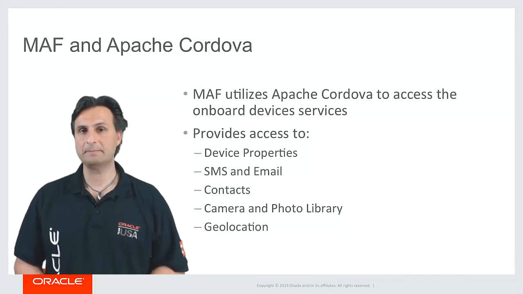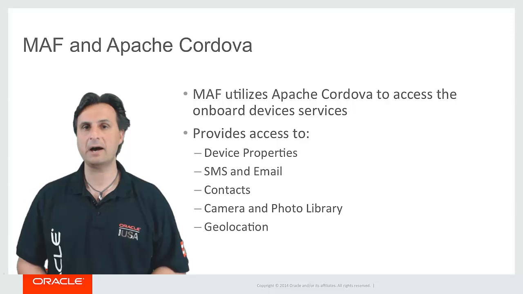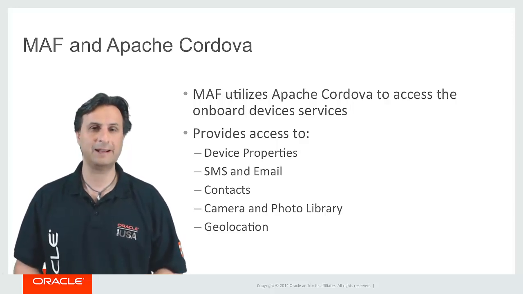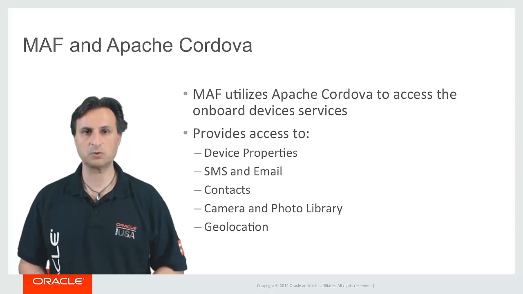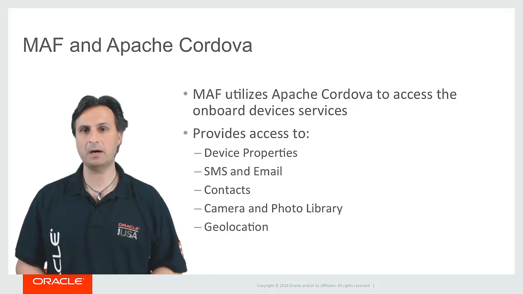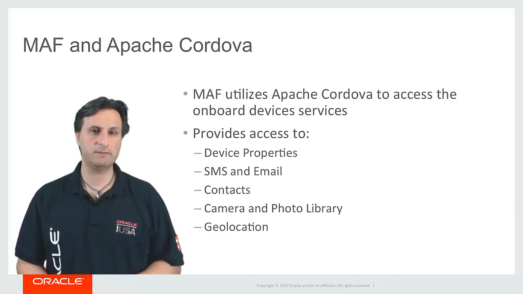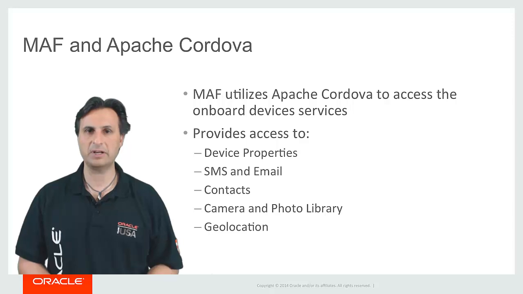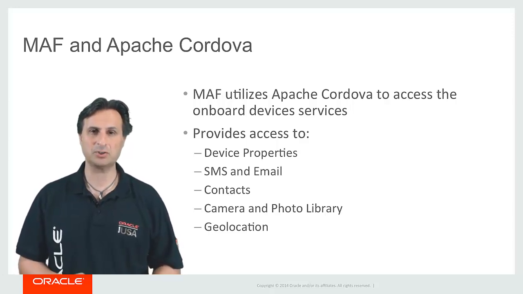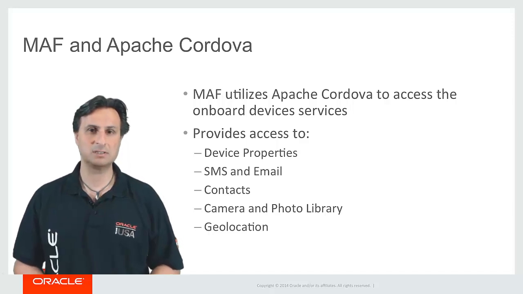MAF actually is based, purely from the architecture perspective, on the Cordova plugin set. Now Cordova is open source, and that provides us an API to the device, and it exposes this API normally in JavaScript. Now part of this exposure of functionality include device properties, so like the operation system you're on, the device make that you're on, the type, the version, the operation system, and so on.